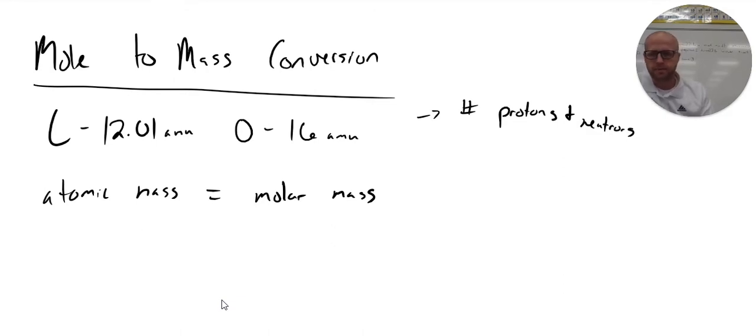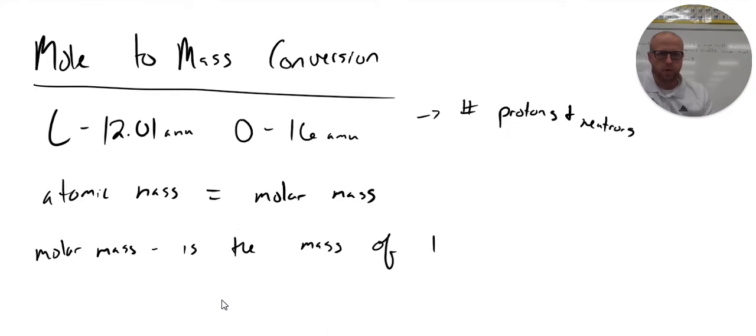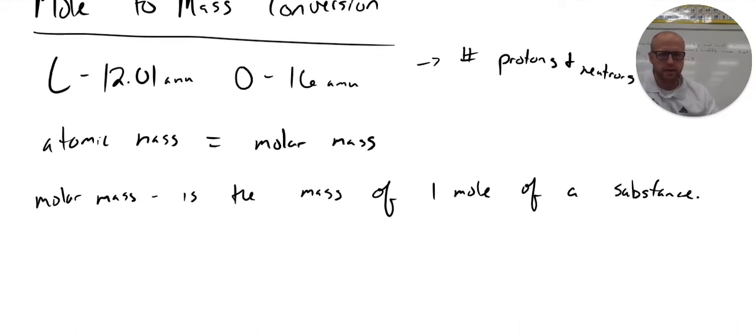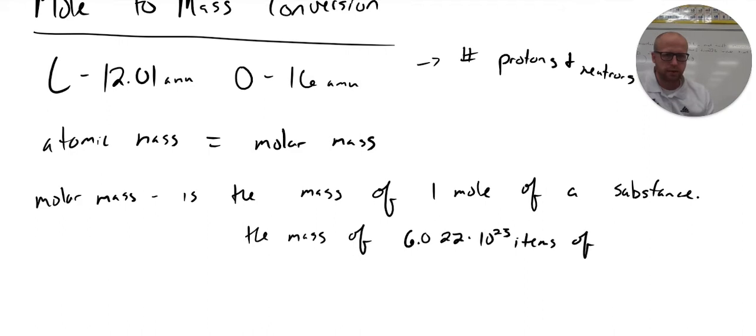Molar mass is the mass of 1 mole of a substance. Or in other words, another way to say this, it's the mass of 6.022 times 10 to the 23rd items of a substance.